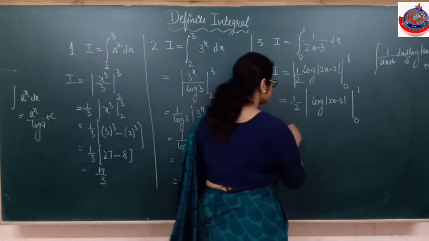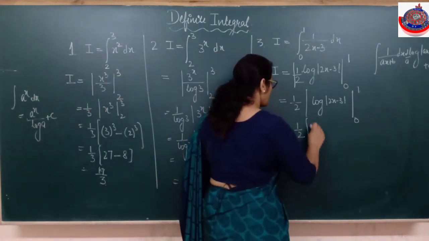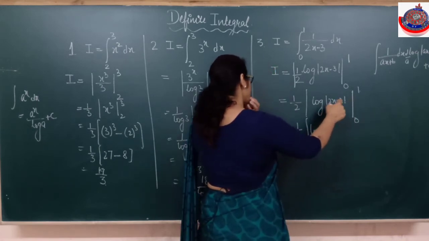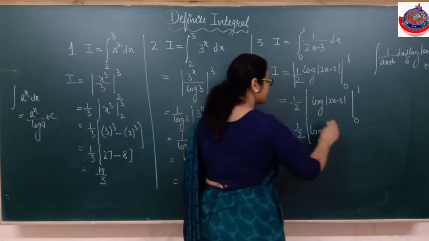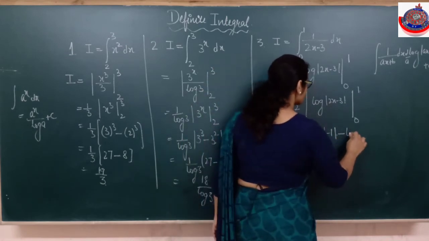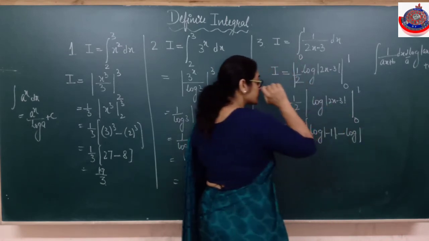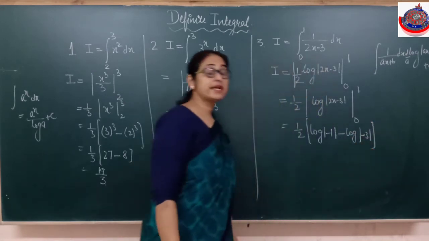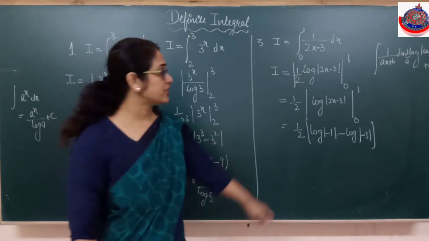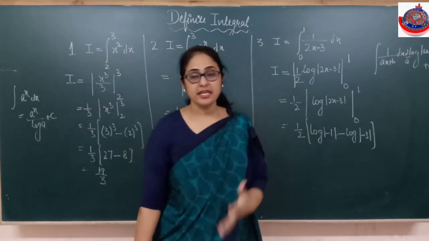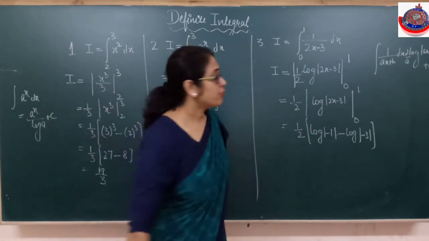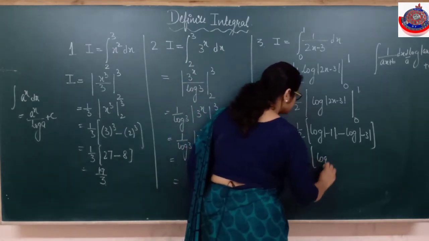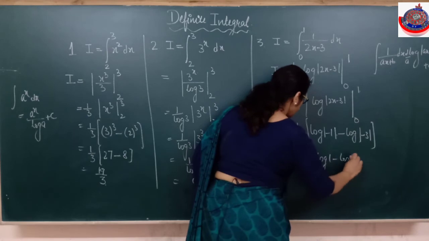So upper limit is 1: 2 into 1, 2 minus 3, log of modulus of 1 minus 3. Minus, log of 2 into 0, 0 minus 3, modulus of 3. See, with the mod, we know that log is not defined for a negative number. So that's why we always put a modulus, so that if there is a negative number, it becomes positive. So it becomes log 1 minus log 3.